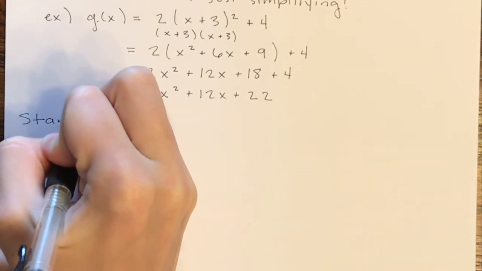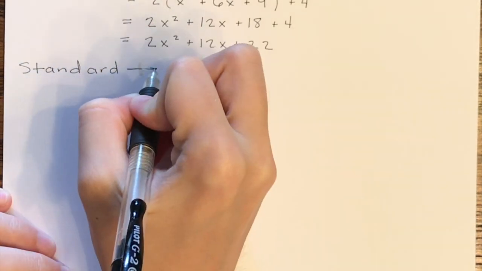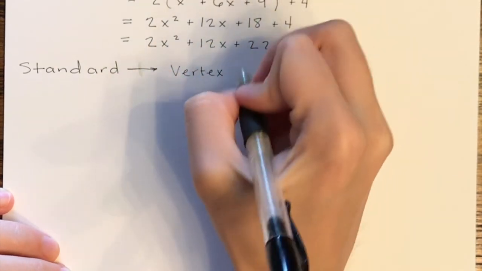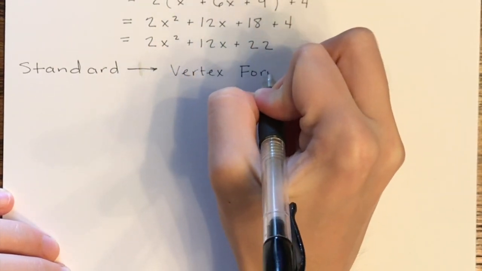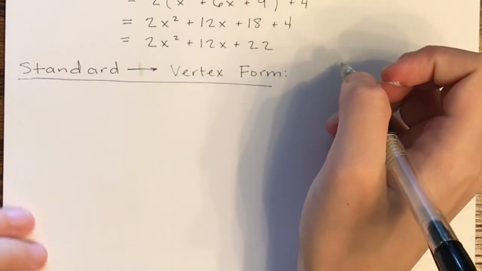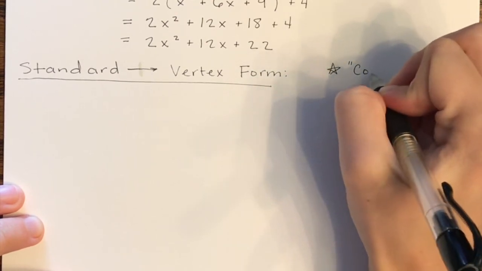How do we convert between standard form and vertex form? The formal process of doing this is actually something called completing the square.